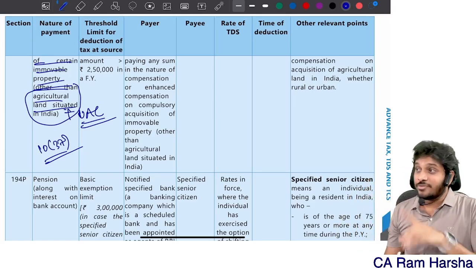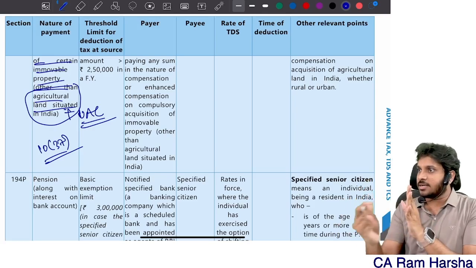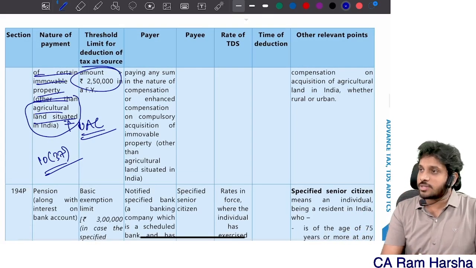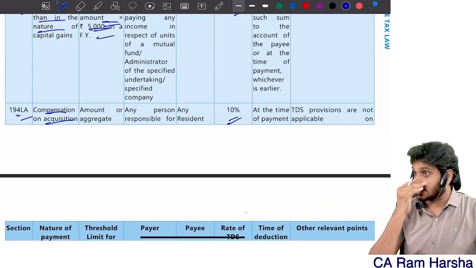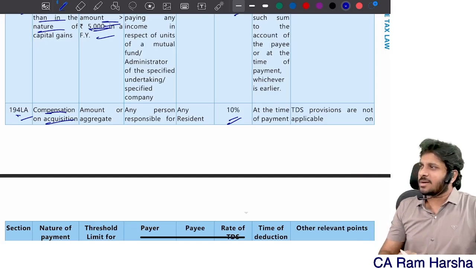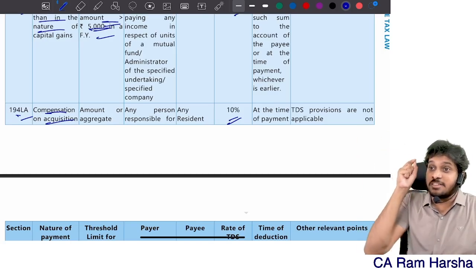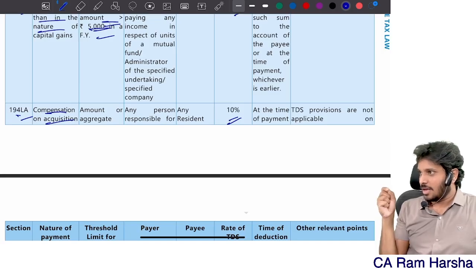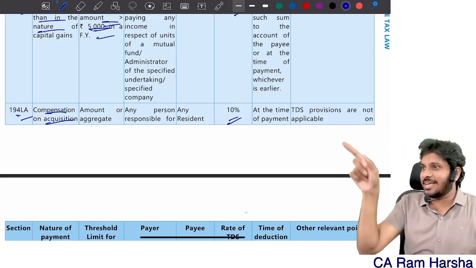Understood? 194LA deals with compulsory acquisition of immovable property, where government is releasing money. If the amount released is more than 2.5 lakh, what is the rate of TDS? Straight away 10%. Suppose I am purchasing immovable property. Only if that immovable property is a capital asset, which for the other party amounts to transfer of a capital asset, then only TDS should be deducted, right?